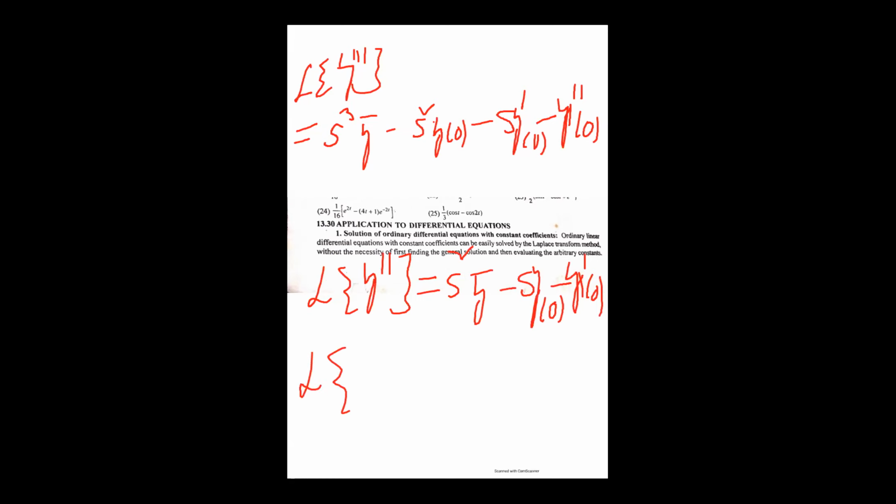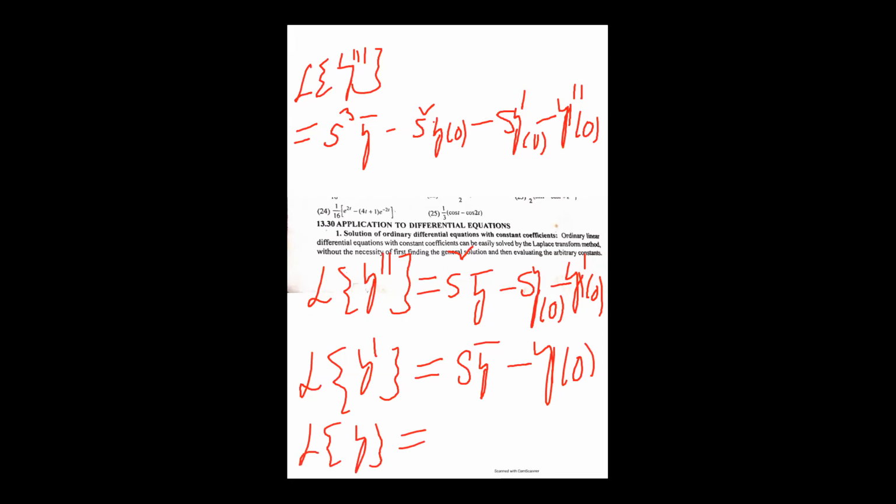And L of y dash, the first order derivative of y: we start with s power 1 and s power 0, that means 1. The first sign is positive and the second one is negative. The series is y bar first and the second value is y of 0. And finally L of y equal to y bar.